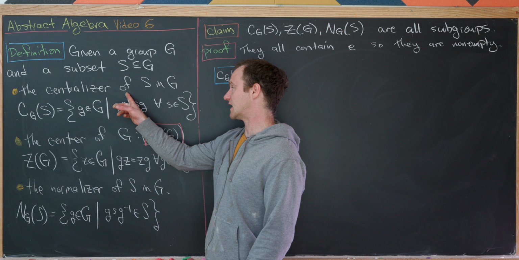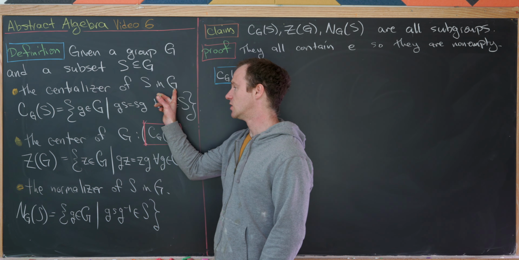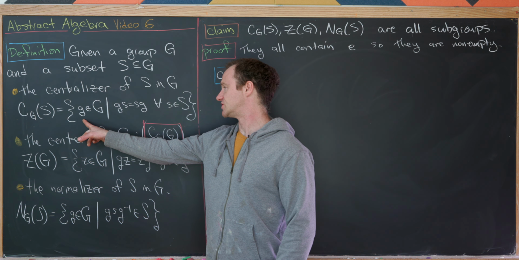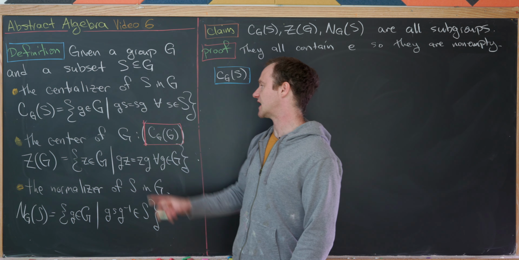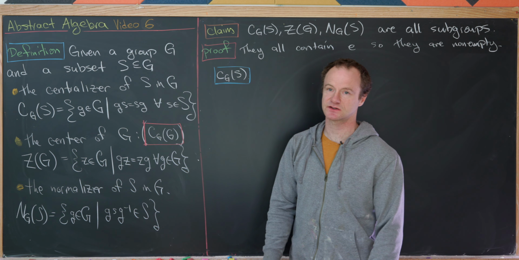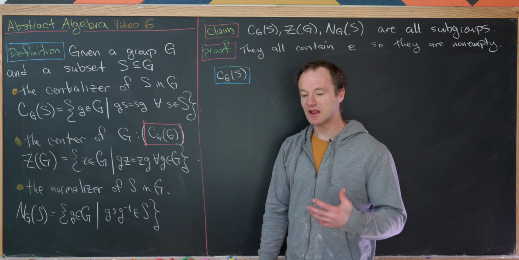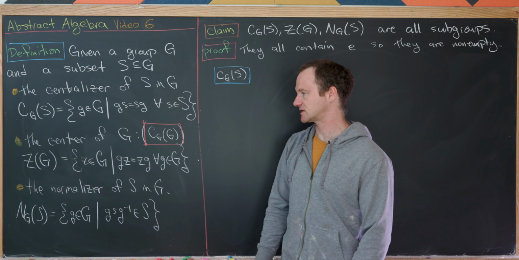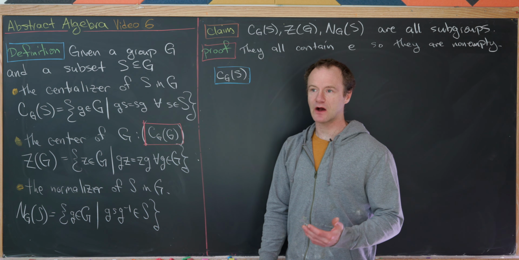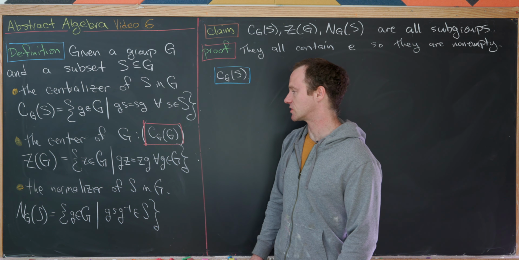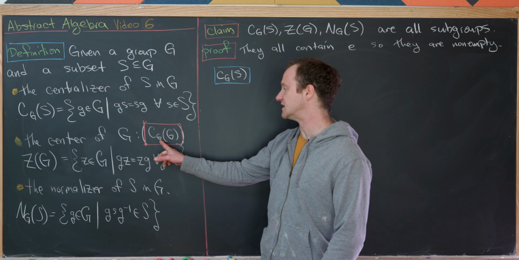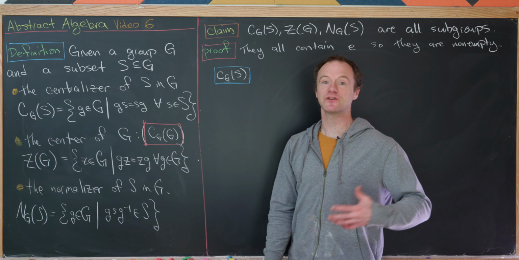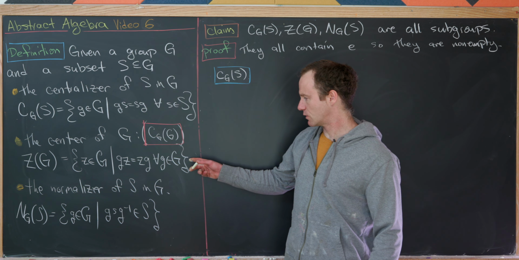So the centralizer of S in G, which we denote by C_G(S), is all group elements g in G such that gs equals sg for everything in S. So in other words, it is elements of G that commute with all of the elements of S. And then off of that, we can define something called the center of G, which is in fact just equal to C_G(G). So that's everything that commutes with everything else in the group. And that's what we have here.